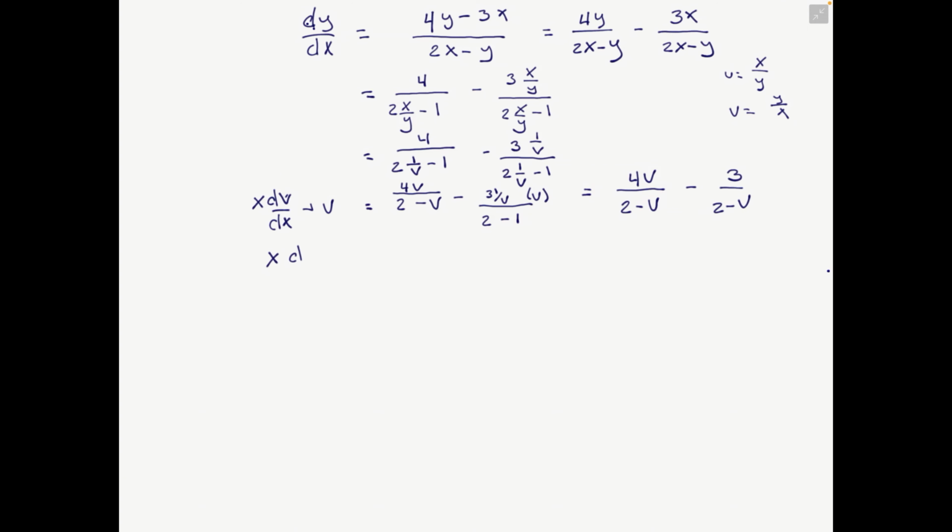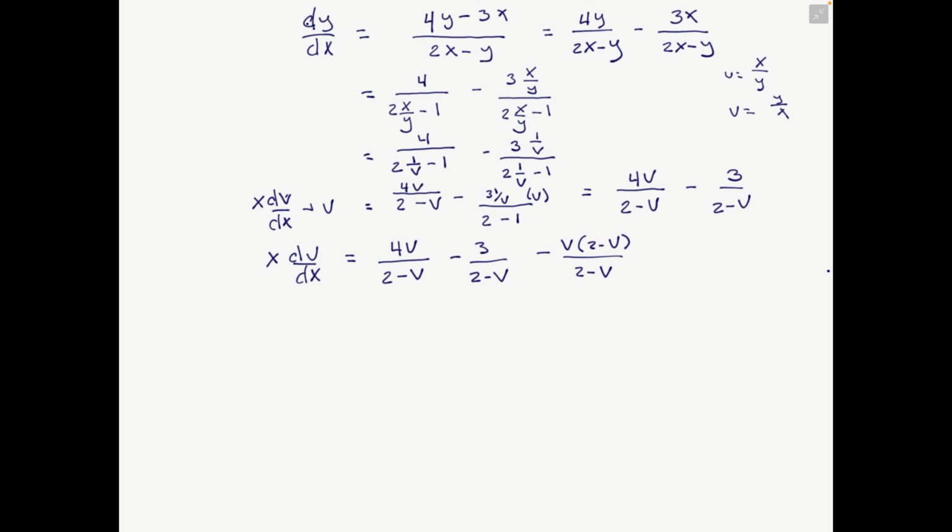So x dv/dx equals 4v over 2 minus v, minus 3 over 2 minus v, minus v, so that is minus v times (2 minus v) over (2 minus v).